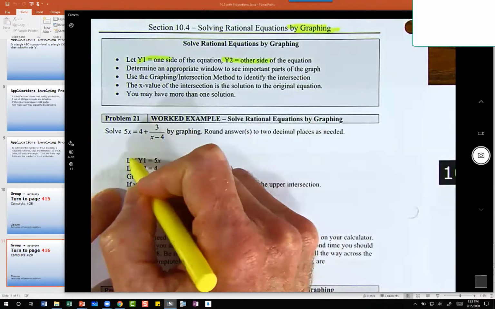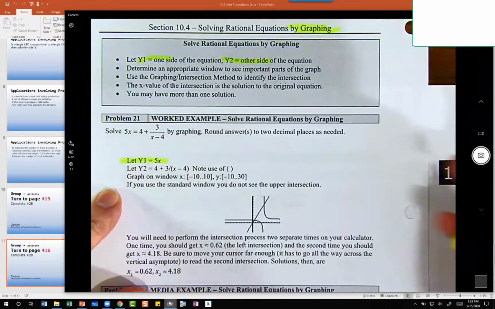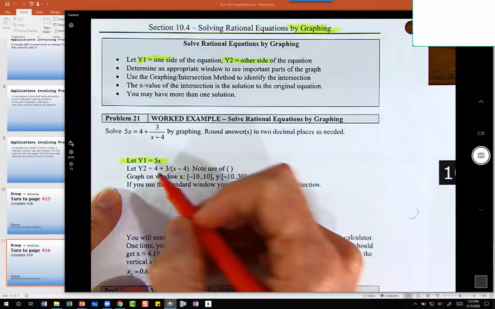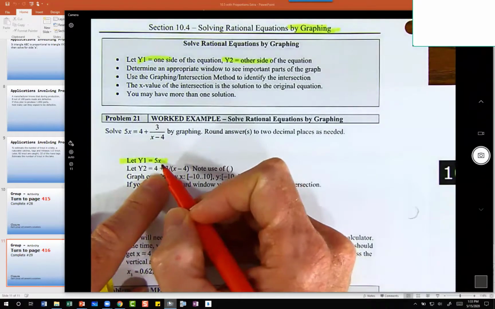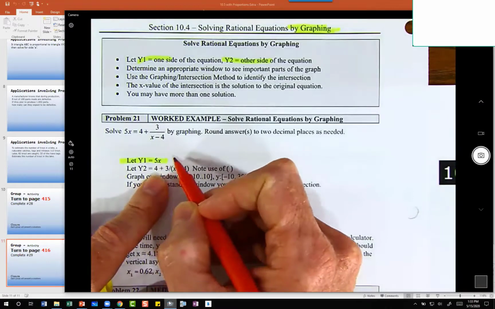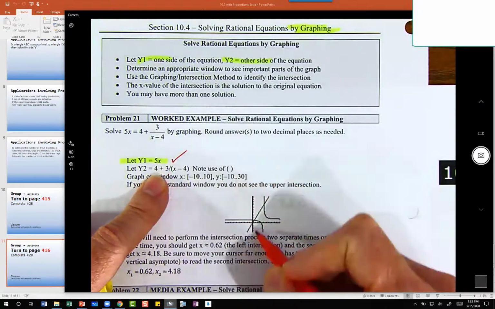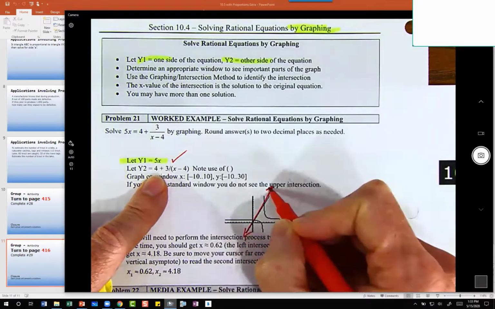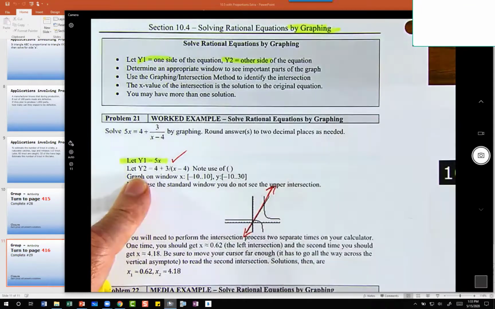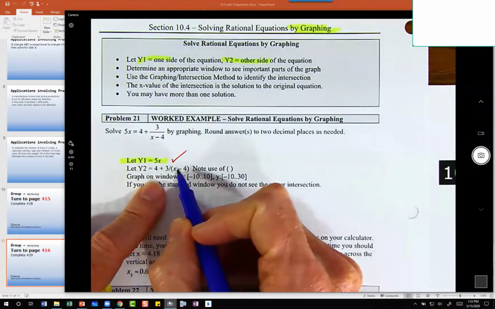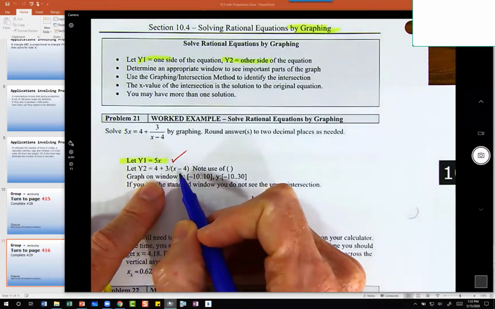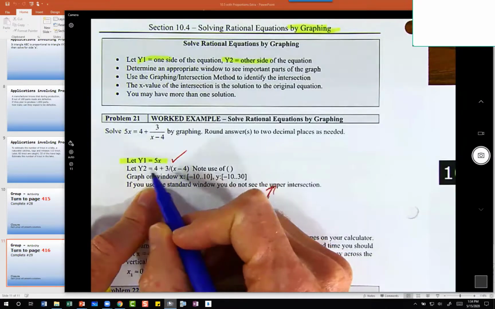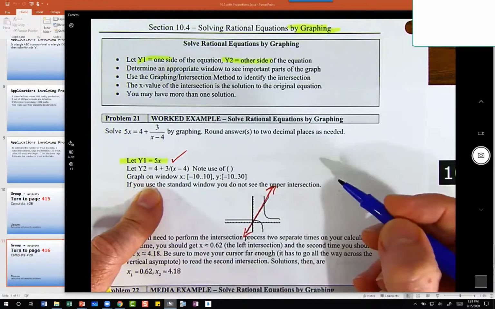Like this one here, y1 equals 5x. Now 5x happens to be a linear function. So that one makes this graph right here, the linear graph. But the other side is a fraction, 3 over x minus 4 plus 4. So the other side is a rational function.